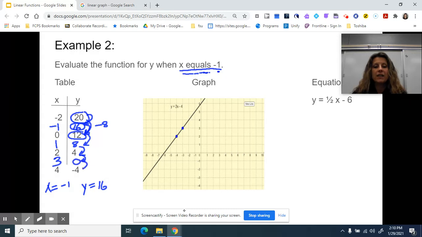And 0 minus 4 gets us to -4. So we can see that the common difference here is -4 when x was increasing by 1.